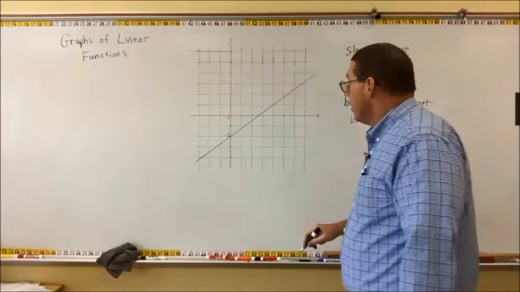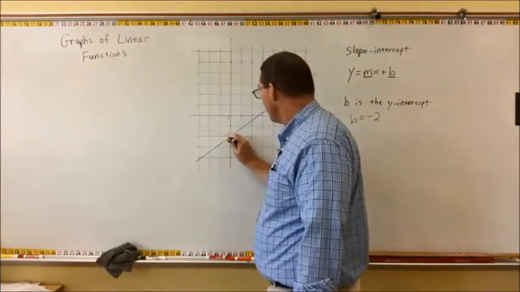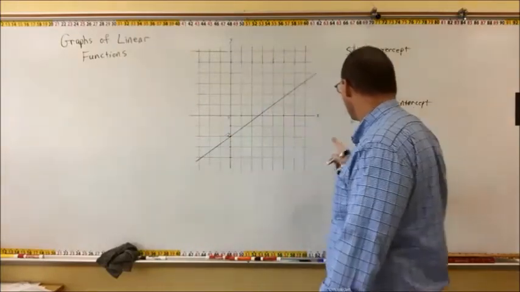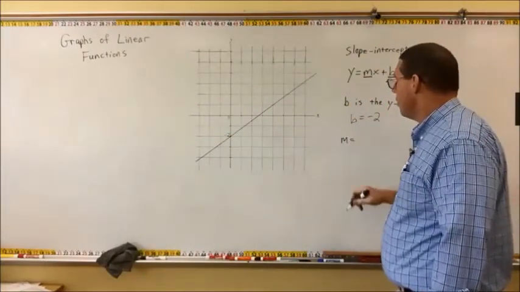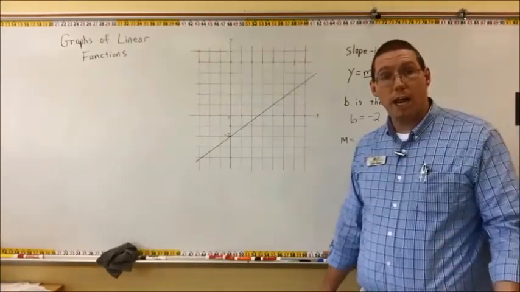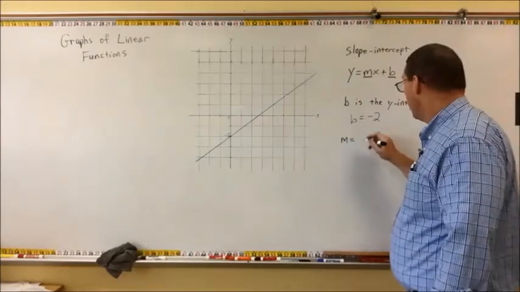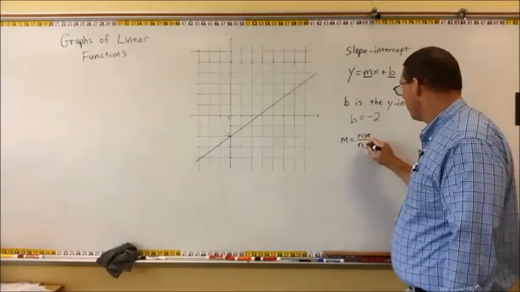Okay? Now, since you now know the y-intercept, usually this is a really good place to start to find the slope. The slope is often referred to as the rate of change, or often understood graphically as the rise over run.